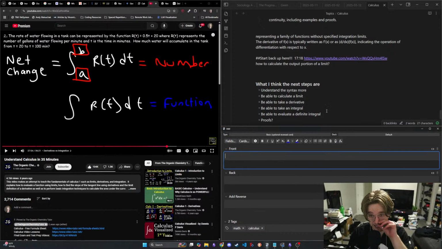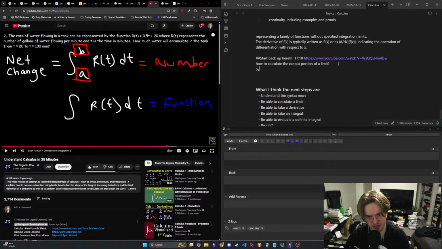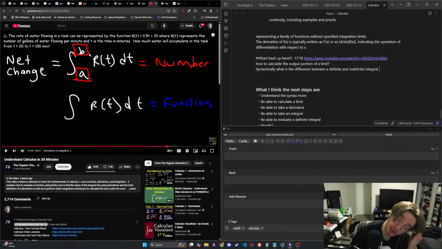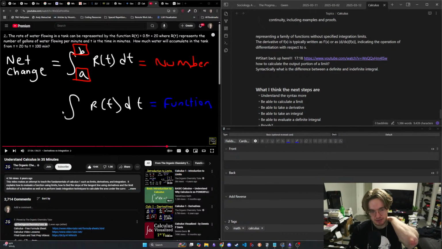I think I'd like to capture syntactically what is the difference between a definite integral and an indefinite integral, because I'd like to capture this right here, where we have this integral sign with b and then a, and for the other one it doesn't have them.